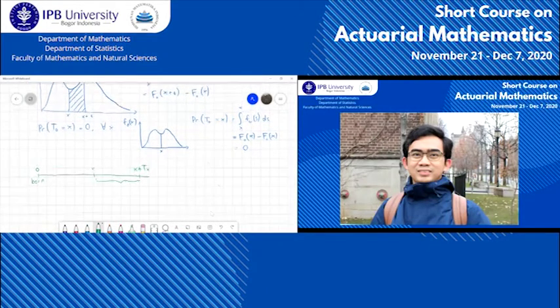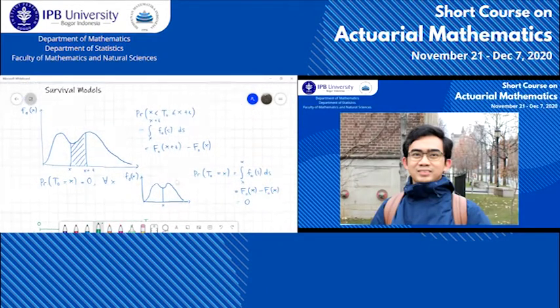Okay, so this graph is like I explained before. If we draw the probability density function like this, and we want to determine probabilities associated with the random variable T0, we need to determine the area under the curve.